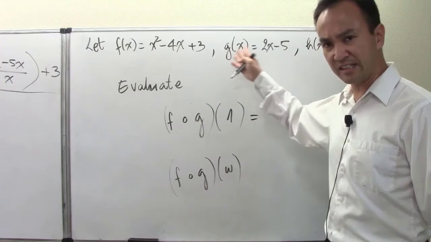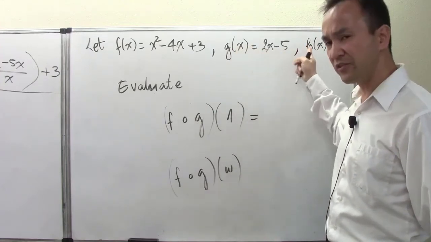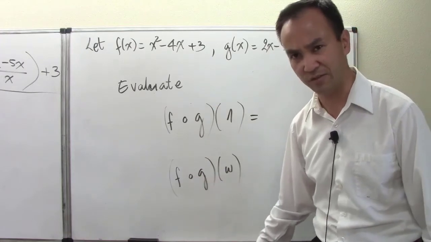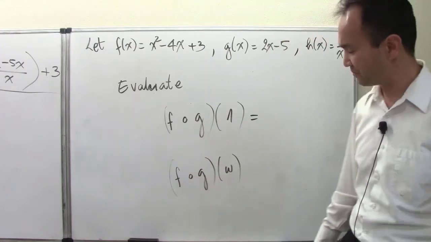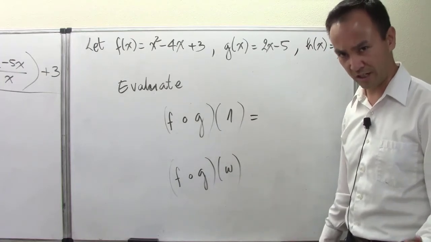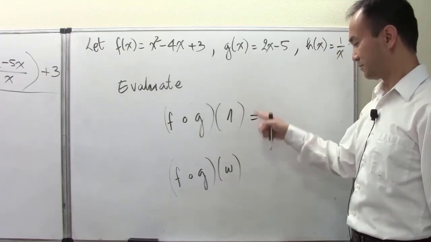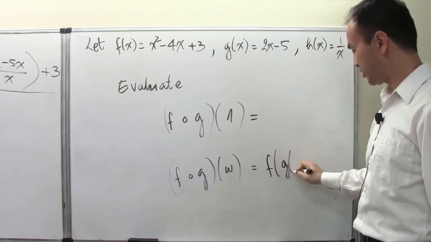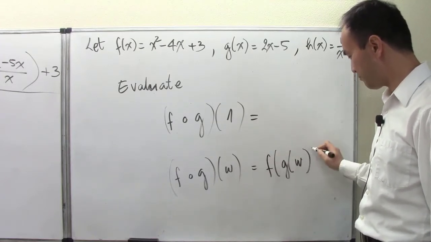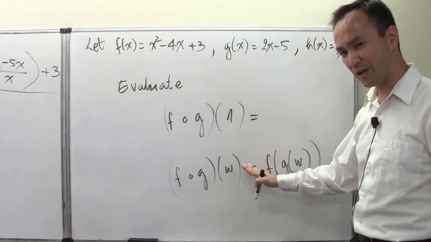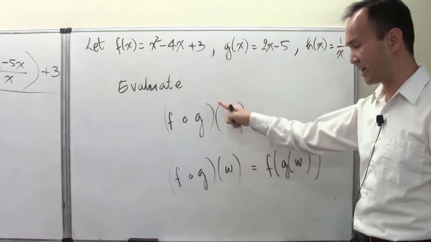Instead of an x as it appeared initially in each function here, I changed it to a w, and you can change that to an a or an m or whatsoever. Here I use a specific number. That will work too. So in how I did this, it was f of g, but g is taking input w. Let me remind you of that. So in that way we can take that as a generality.